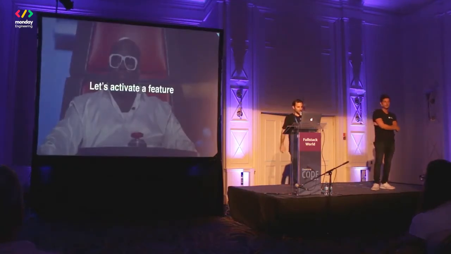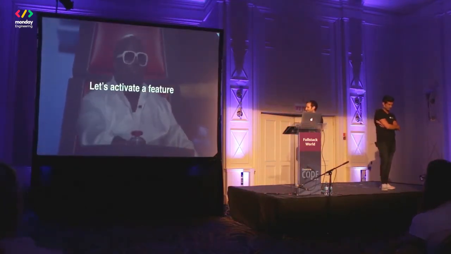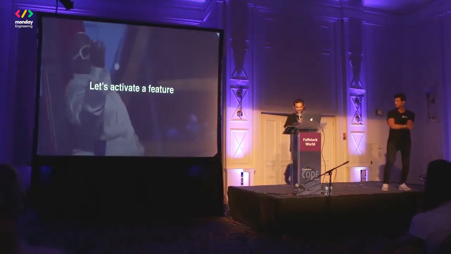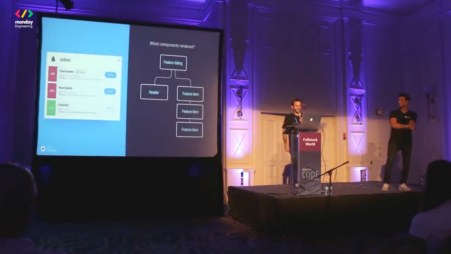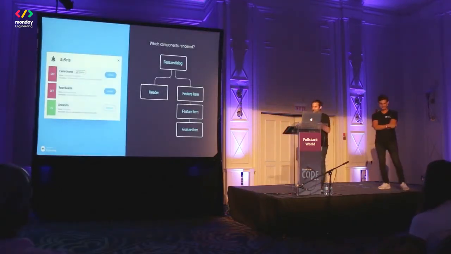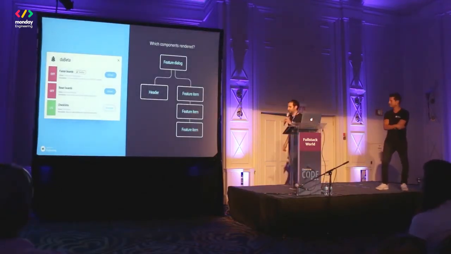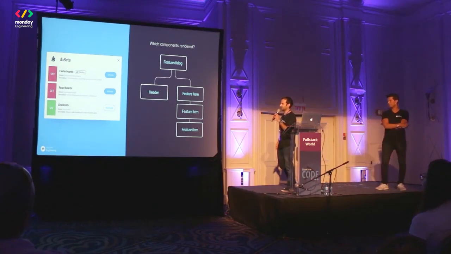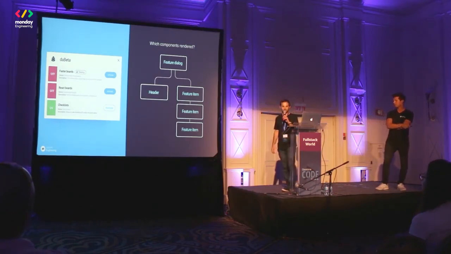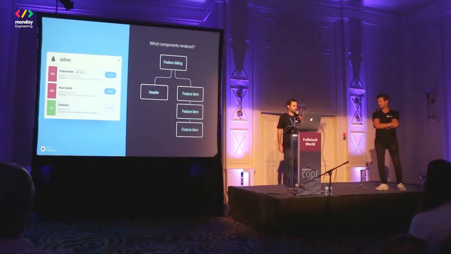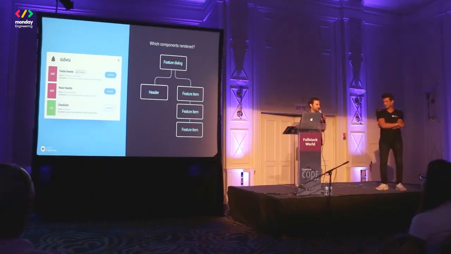Okay, so let's activate the feature and see what happens. Imagine that now, by the way, it's a real example. The faster board was our first try to optimize the backbone boards, and somewhere along the way we decided we have to start with the React board.